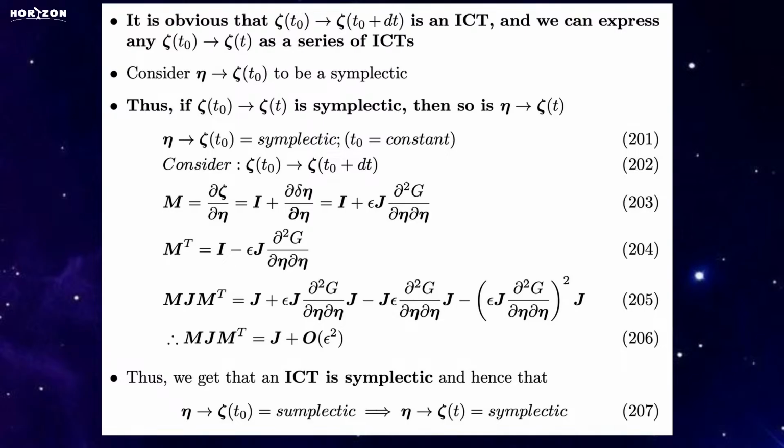Thus, we get that the ICT is symplectic, and hence these non-restricted canonical transformations are also symplectic if there is a canonical transformation like η to ζ(t0), which is symplectic.